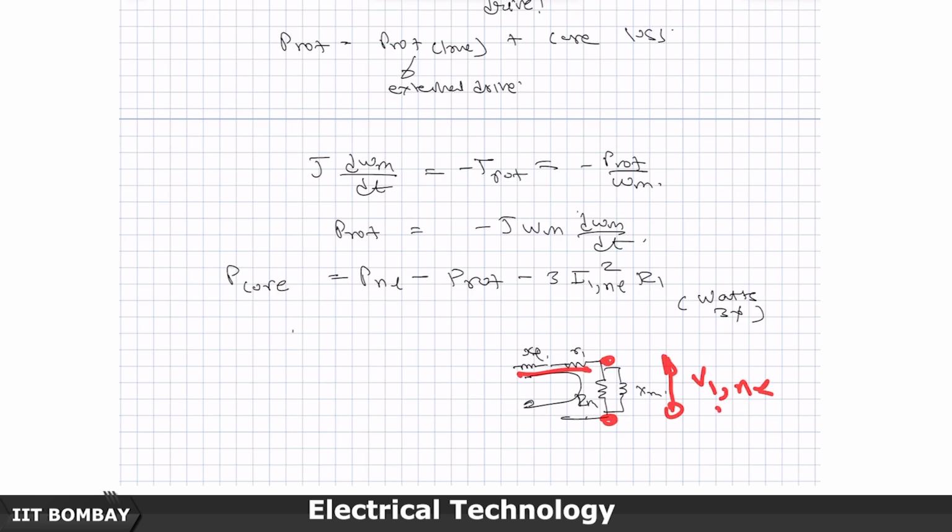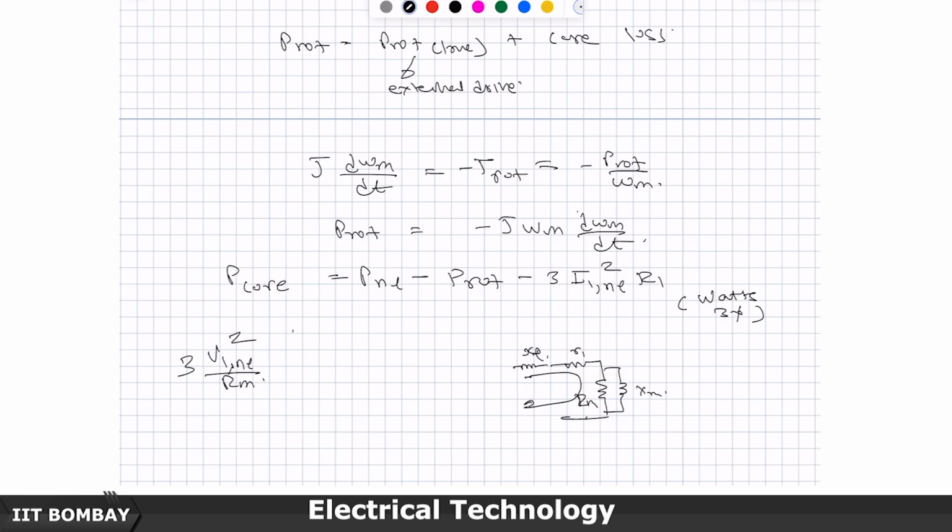If this V NL is applied here, then the current flowing through the resistor is V1 NL divided by Rm, and the voltage across the resistor times the current flowing through it will be the loss happening in this effective Rm resistance, and this is a per phase value.